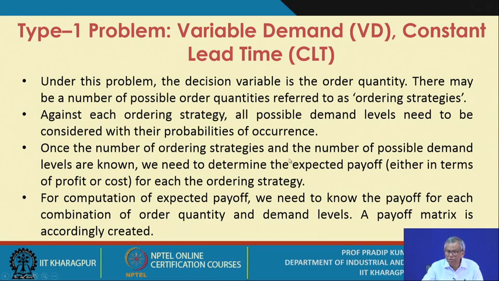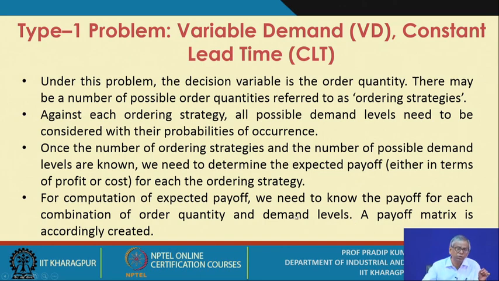Once the number of ordering strategies and the number of possible demand levels are known, we need to determine the expected payoff, either in terms of profit or cost, for each of the ordering strategies. Is it okay? For computation of expected payoff, we need to know the payoff for each combination of order quantity and demand levels.